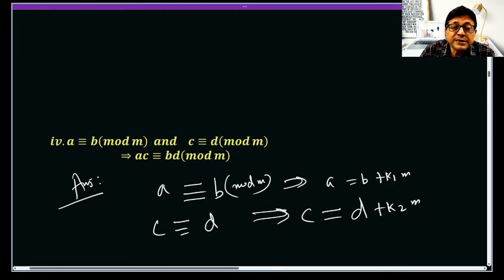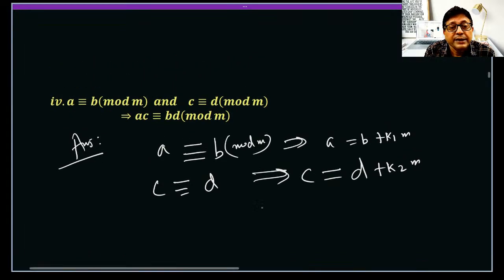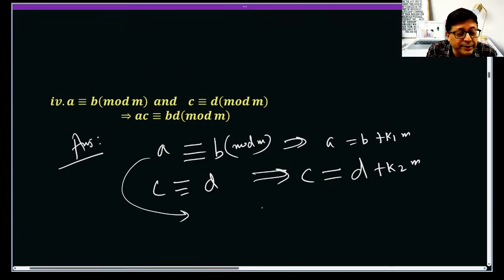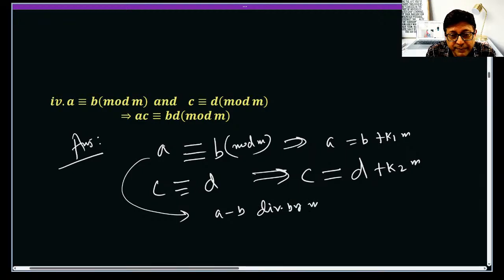Okay? There is another way also. A congruent with B mod M, this implies that A minus B is divisible by M. Therefore, A minus B into C is divisible by M, where C is an integer, isn't it?